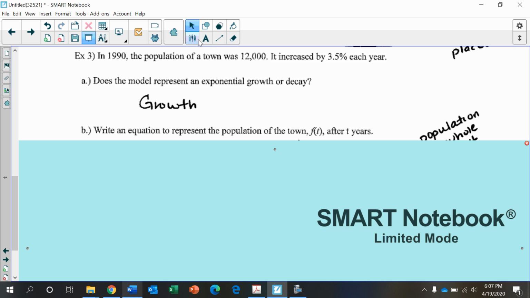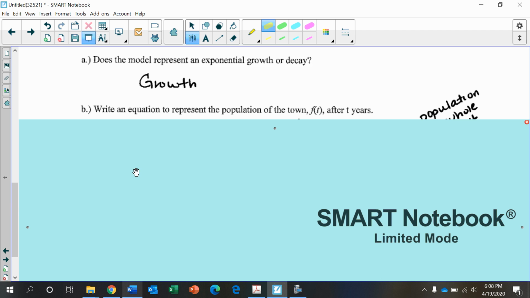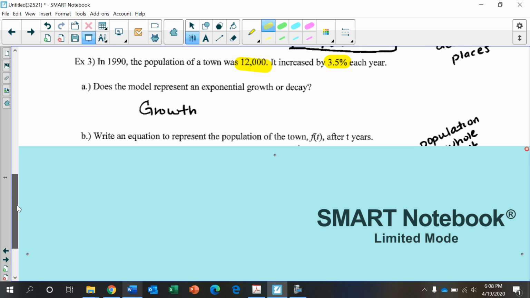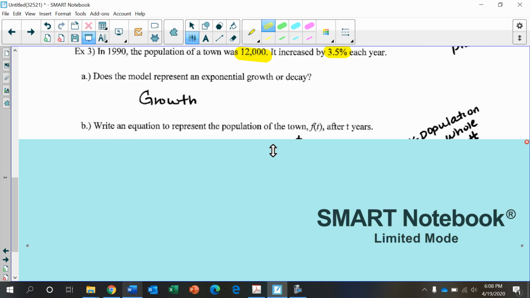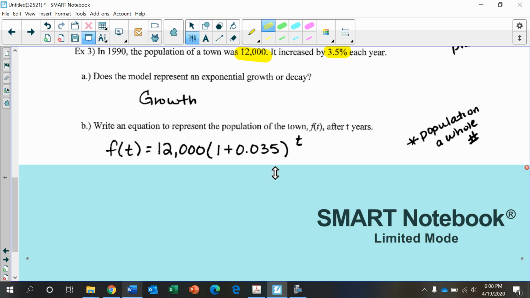We care about both of those. And 1990 is just telling us where we start. All right, so bringing it down, this is my equation, what it would be.